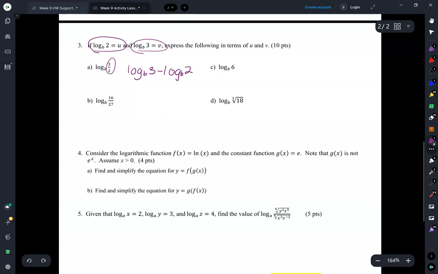of 2. Okay, so I'm using that property first, and now I have log base b of 2 is u and log base b of 3 is v. So I just substitute those.